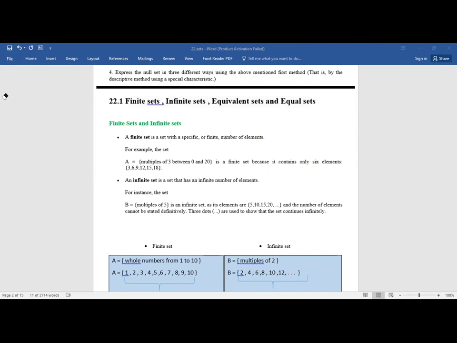I hope you have finished writing. No need to write the explanations. And write down this one as a subtitle: finite set, infinite set.